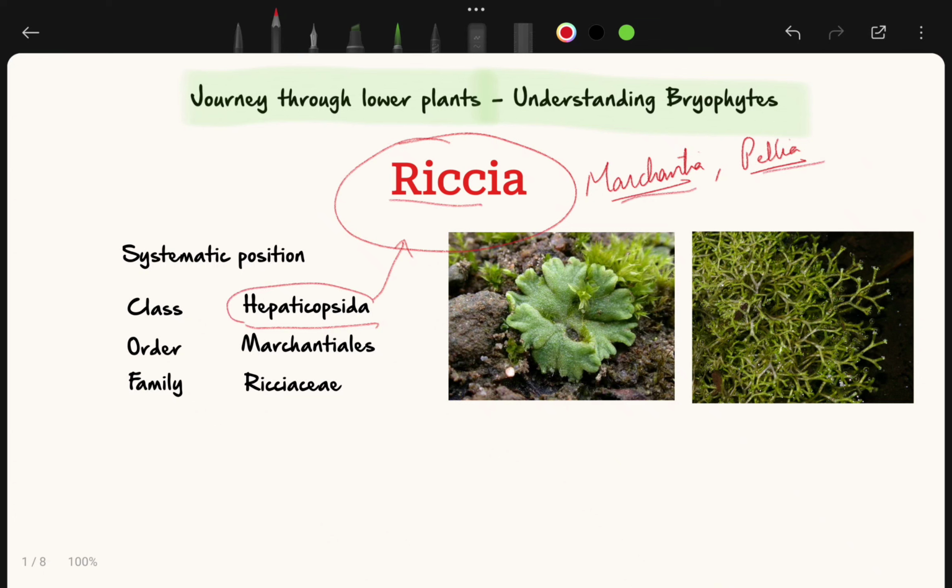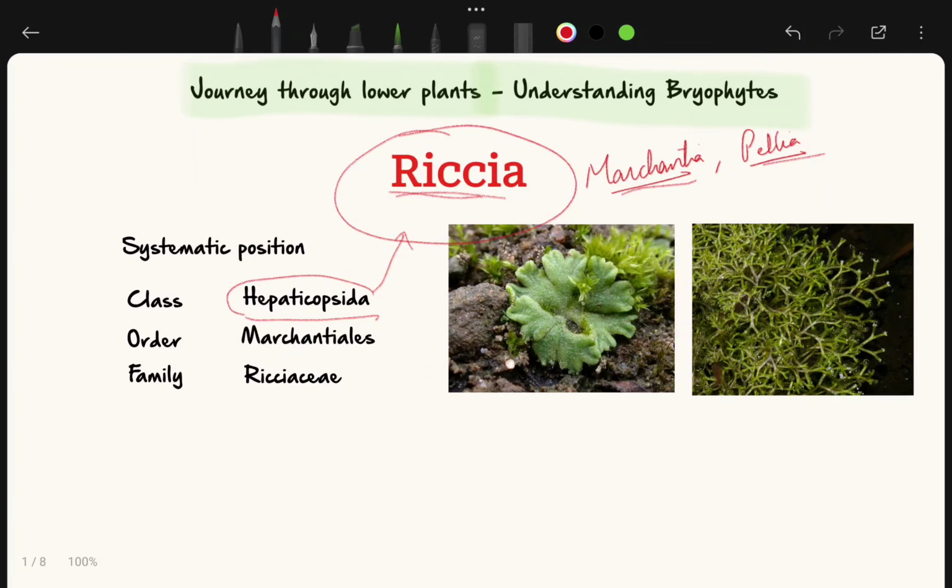We will be studying everything regarding these three specimens: the external morphology, the internal morphology, and then the male sex organ and the female sex organ along with its development, and then we'll study the structure of the sporophyte and the development of the sporophyte as well.